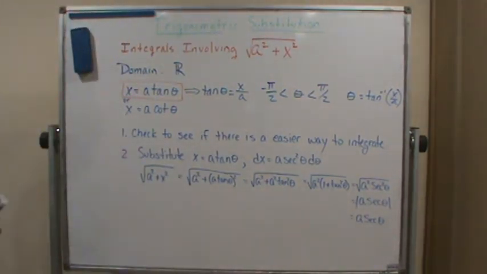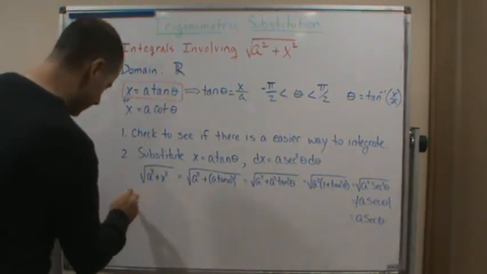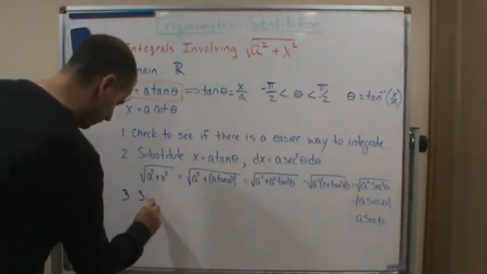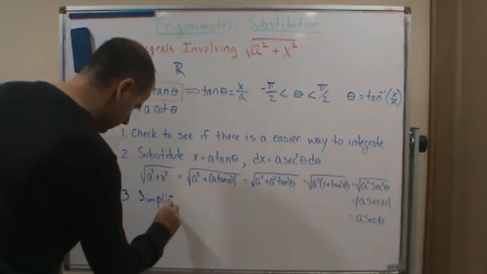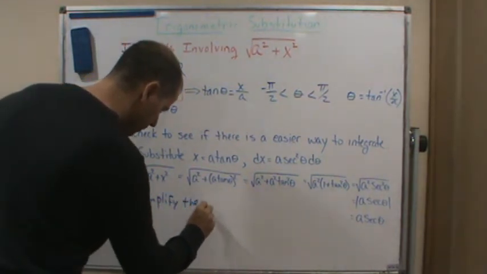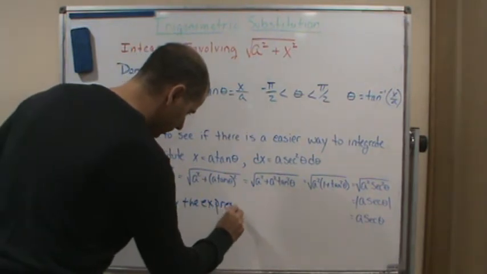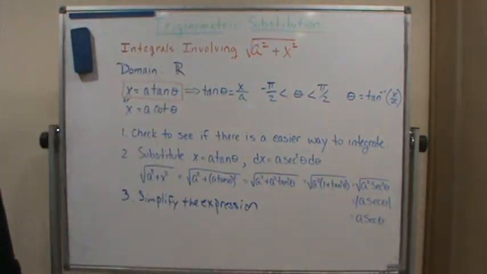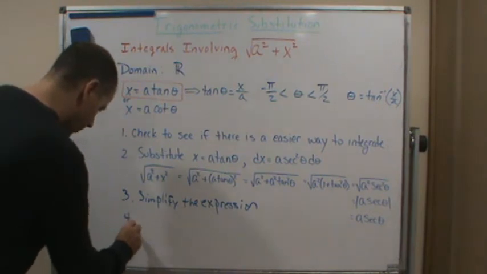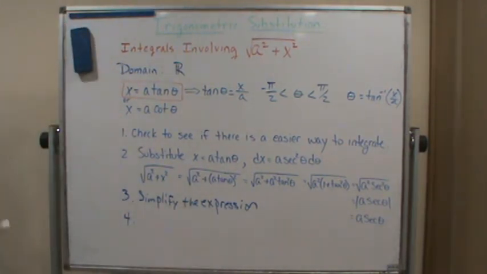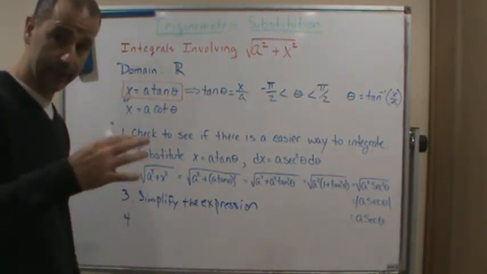Then once you do that, step 3 is to simplify the expression. Once you simplify the expression, you're going to evaluate the integral using techniques that we learned in other sections on trigonometric integrals, which we've talked about in other videos.